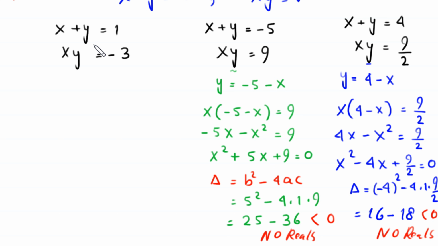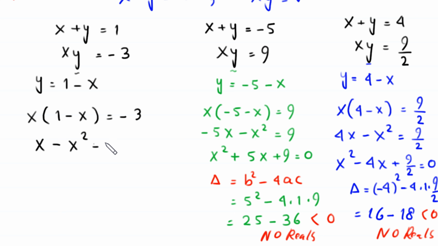Now from this system, move this x to the right hand side, this will become y equal to 1 minus x. Replace this y with 1 minus x, this will become x times (1 minus x) equal to negative 3. Distribute, x times 1, x, minus x squared equal to negative 3.